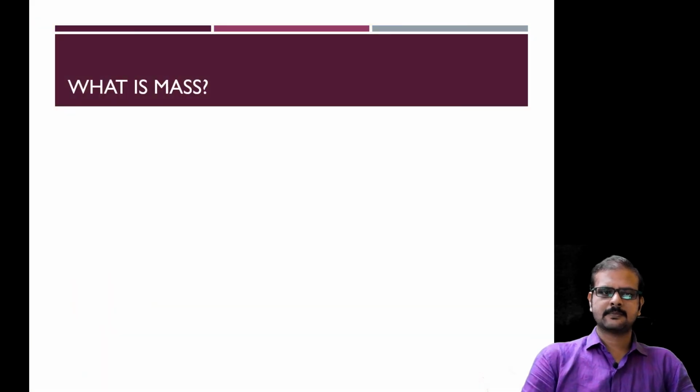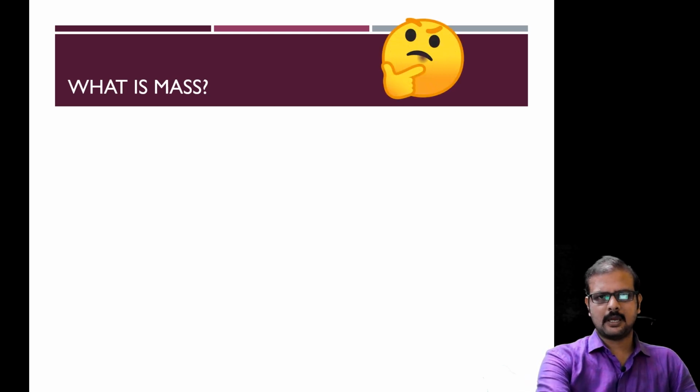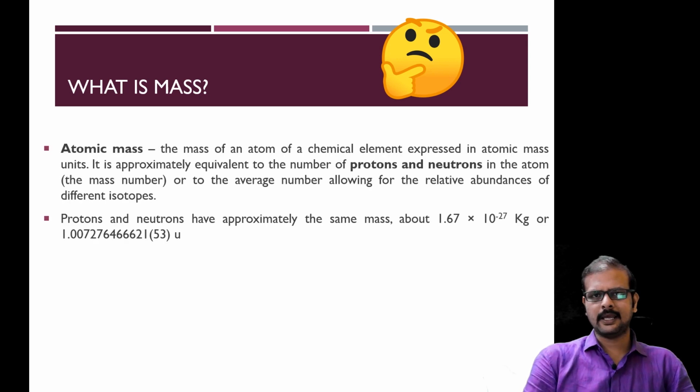So what is a mass? Simple. A mass is also called the weight of any particle or anything present in the universe. As we all know, we have some mass or weight. In the same way, atoms also have some mass. Every atom is made up of neutrons, protons and electrons, but the electrons don't have any mass.